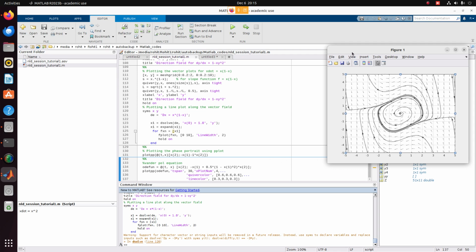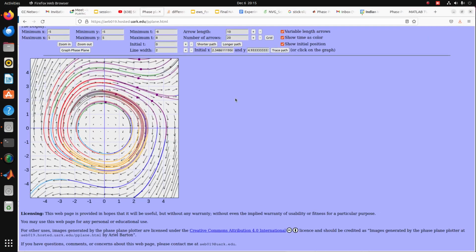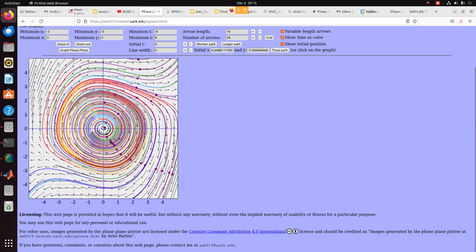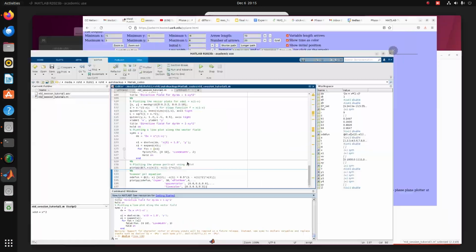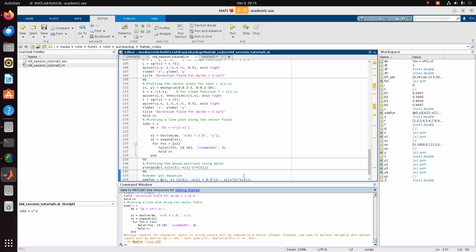You can try this phase portrait plotting for different equations which you know, and you can check how the system evolves and how its trajectories evolve as time moves. Whatever we have learned till now, the van der Pol equation and all, you can use this function and plot the phase portrait for them. So this is the simple tutorial where you can use.